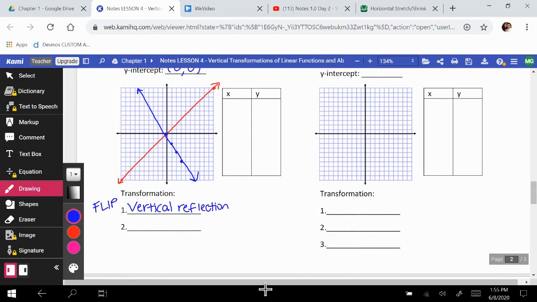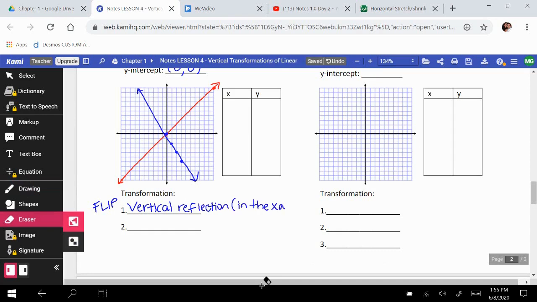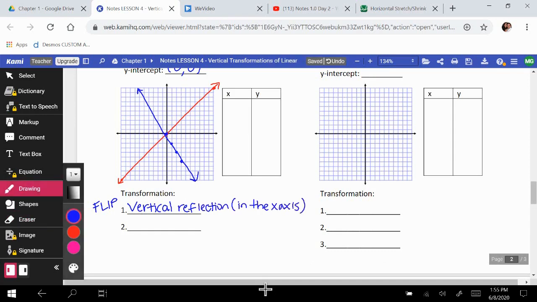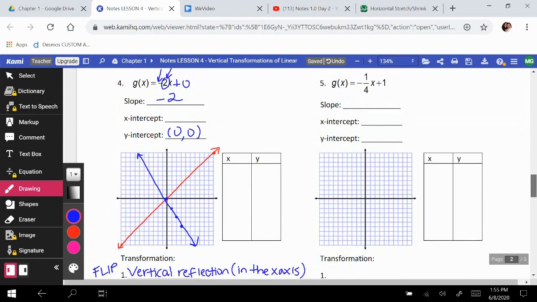Another way to write vertical reflection is a reflection in the x-axis. And then we notice that the slope got steeper. So that's because of the vertical stretch by 2.